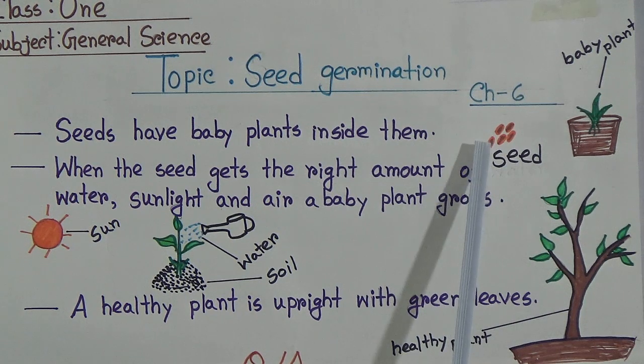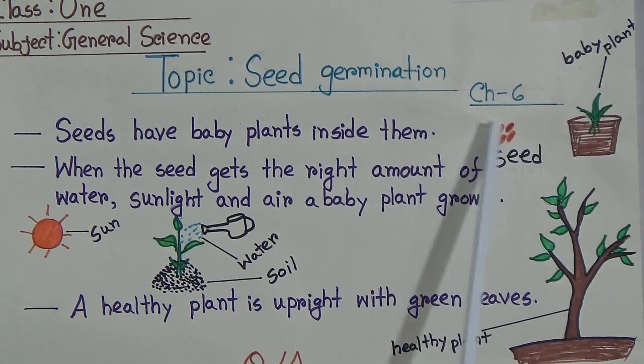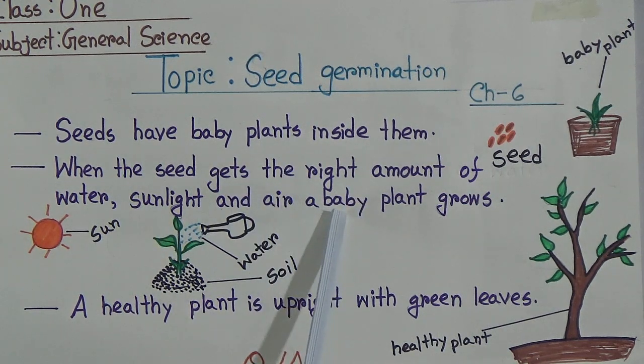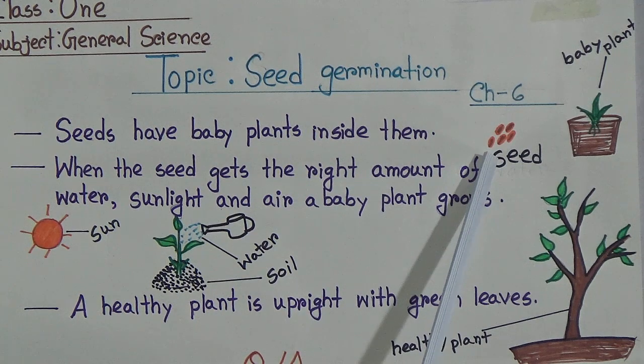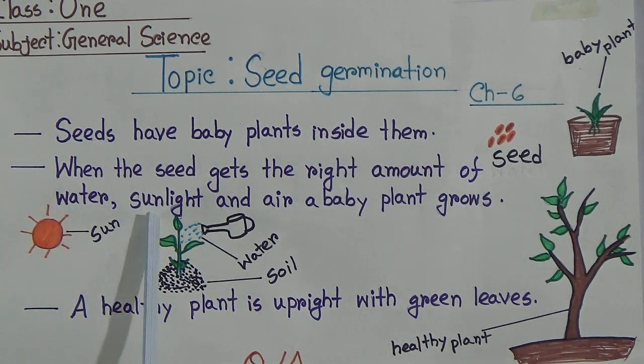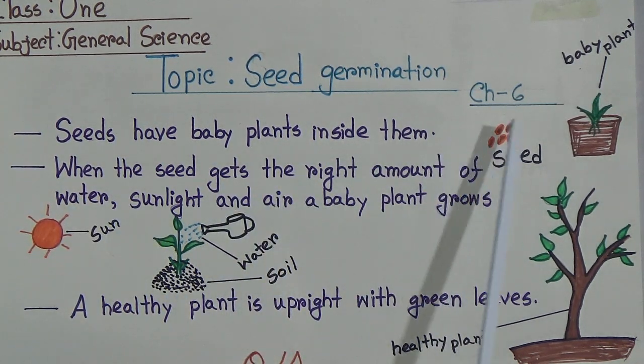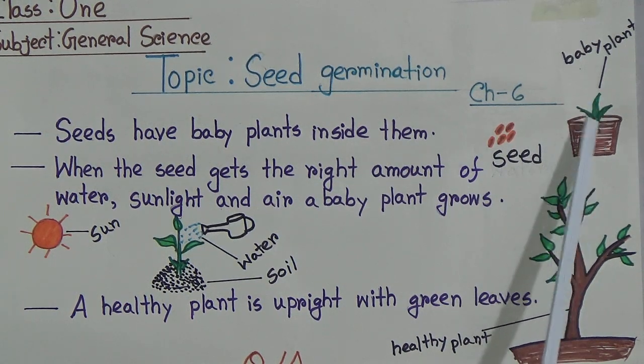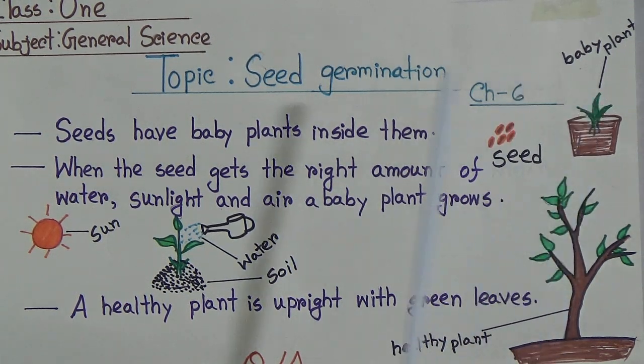At first you have to plant the seed, then in favorable conditions, that means the seeds get the proper amount of water, sunlight and air, after some days a baby plant will come out.